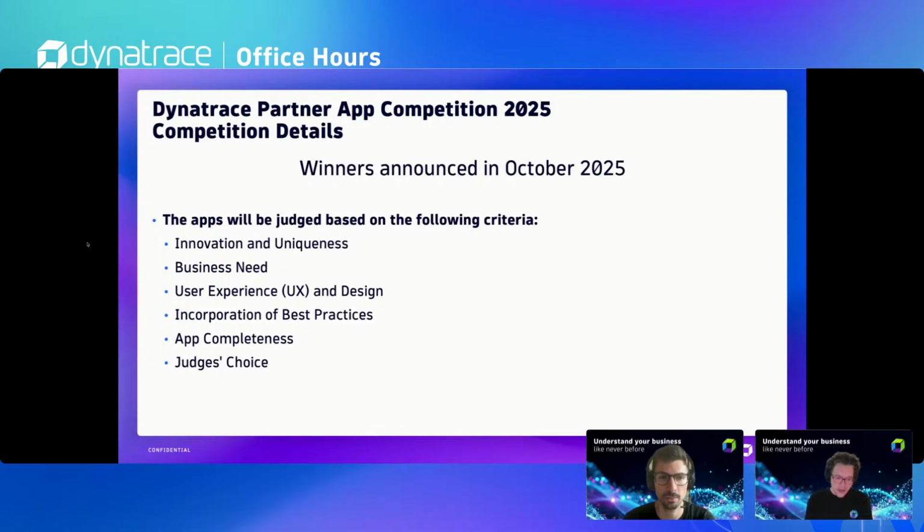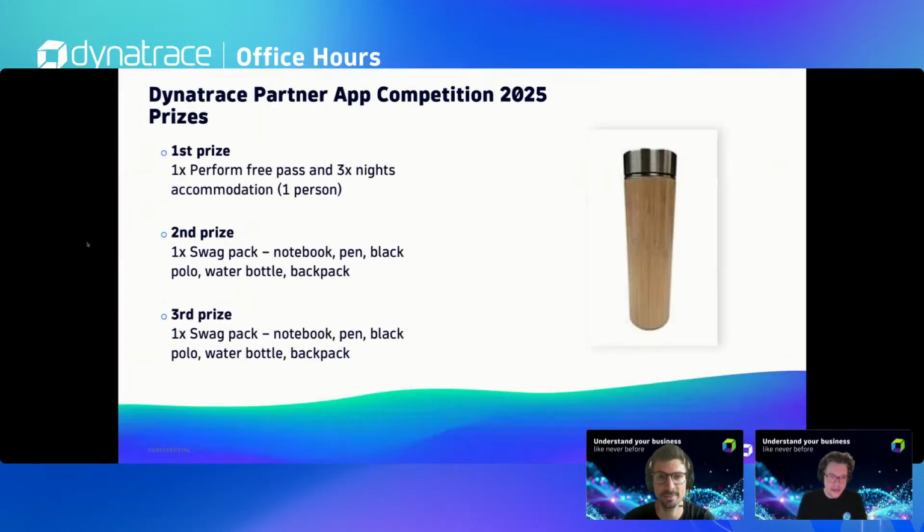On our developer portal, dynatrace.dev, we share a lot of best practices on how to use our tools properly and ideally. We're looking at the app's completeness, and also the opinion of the judges obviously will be heard. Out of the sum of these criteria, we will have a winner.